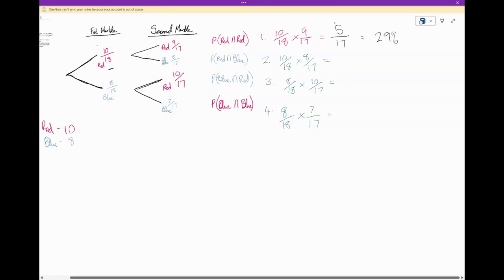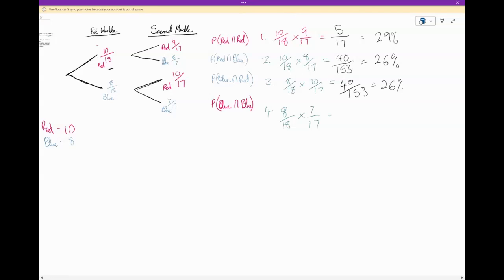Next one. 40 over 153. It's 26%. The next one is 28 over 153. 18%.